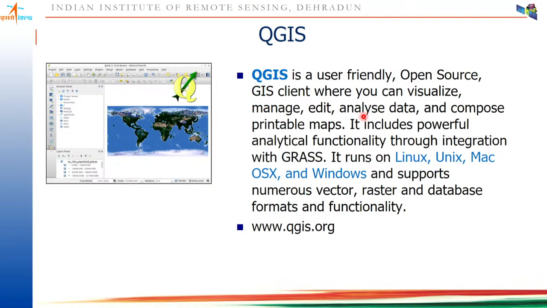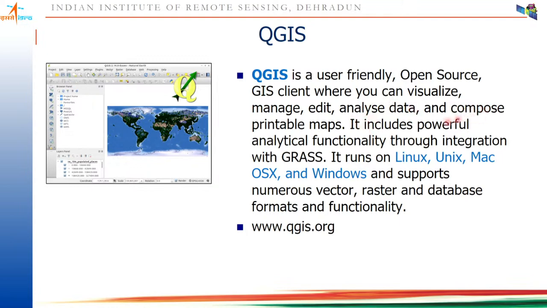For example, you have a satellite image and you want to combine the bands to create certain indices like NDVI or other such indices. Or you have some vector data, you have some points, you want to do a buffer analysis, you want to do union of multiple layers. So all these kinds of analysis, you want to do network analysis, can be done on QGIS.